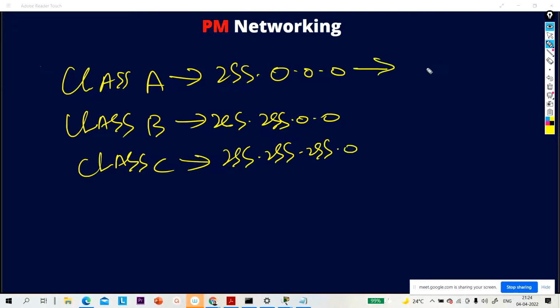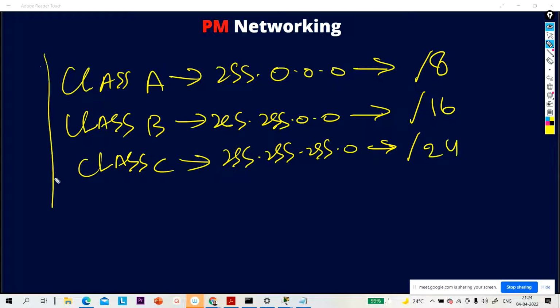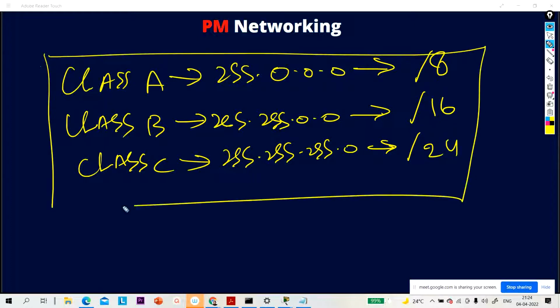For class A, CIDR value is /8. For class B, CIDR value is 16. For class C, CIDR value is 24. This is default, predefined, by default.